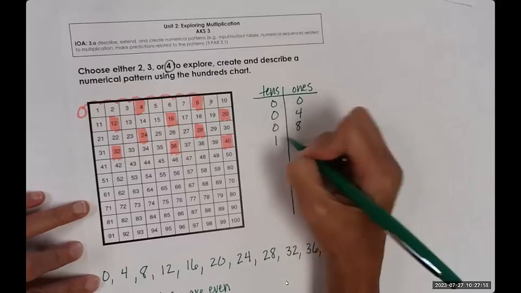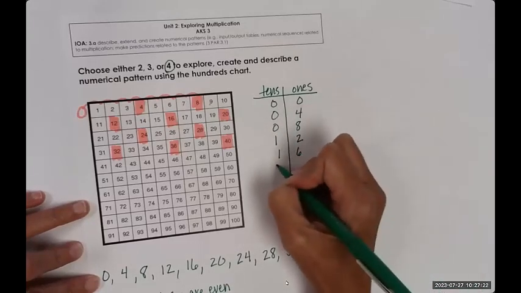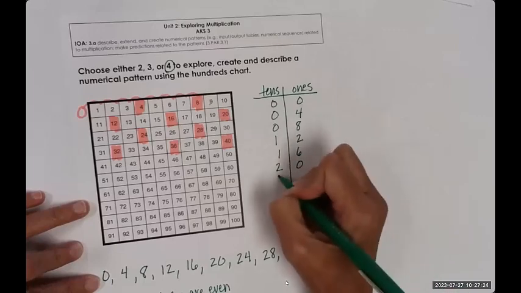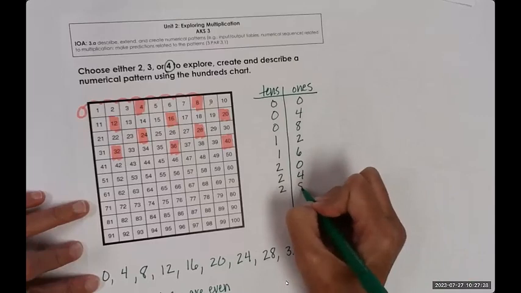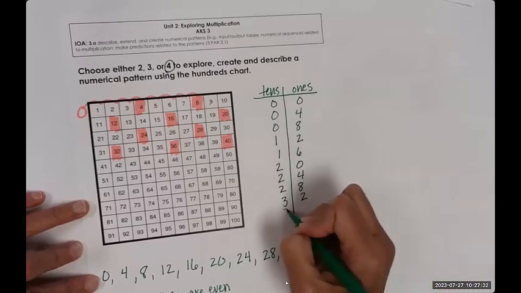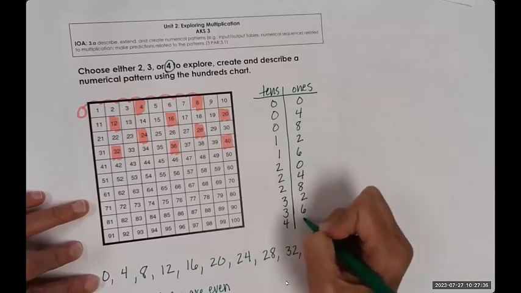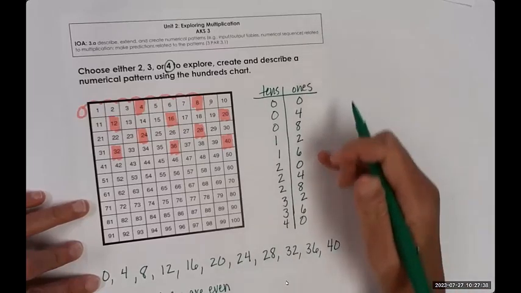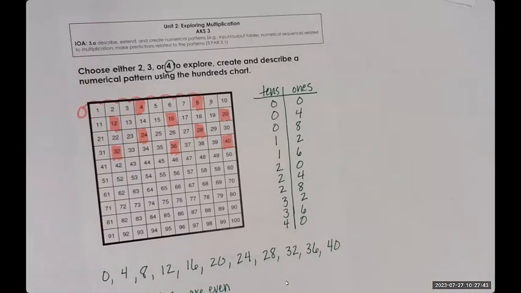And then I have 1 10, 2 1s for 12, 16, 20, 24, 28, 32, running out of room, 36, and then 40. Your kids would obviously continue this counting pattern because they would have completed the entire hundreds chart.